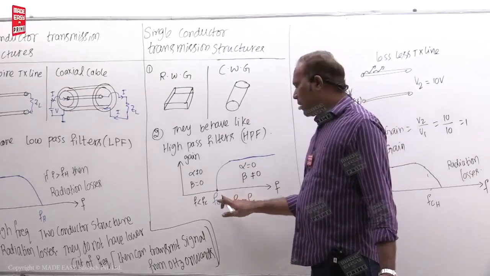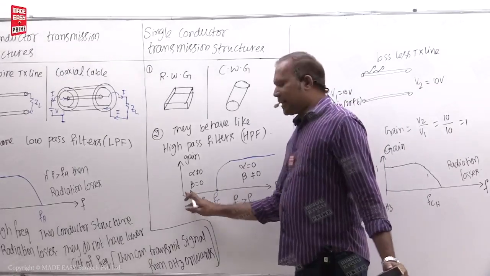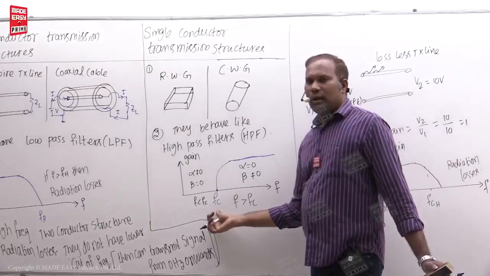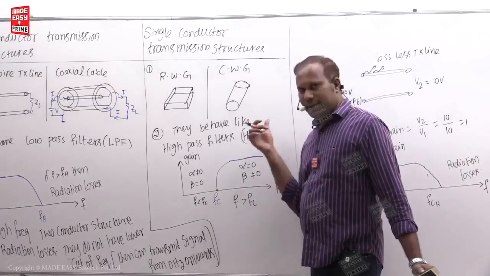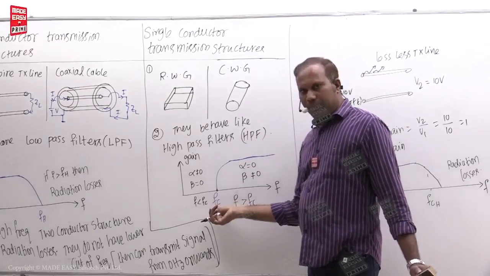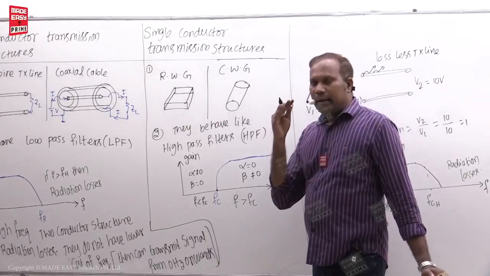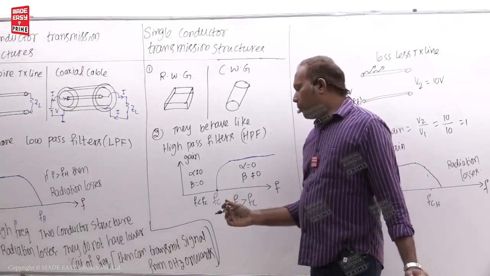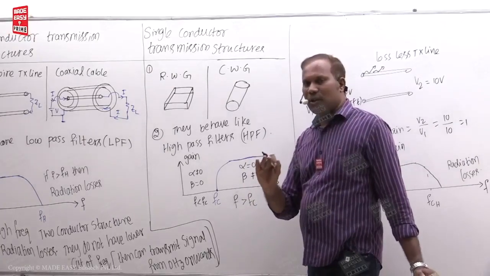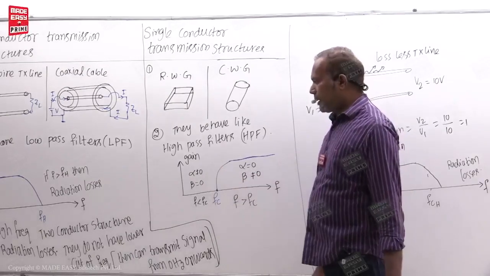The meaning is it cannot send signal from 0 Hz onwards. For example, if FC is equal to 1 gigahertz, we are going to discuss that, don't worry. If FC is equal to 1 gigahertz, then this waveguide can transmit signals above 1 gigahertz, but it cannot carry the signal from 0 Hz onwards. So that is why they have a lower cutoff frequency, students.